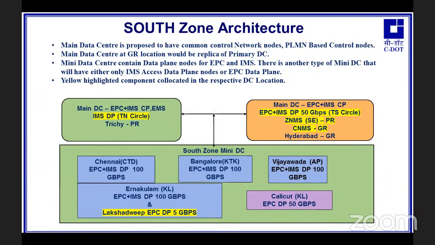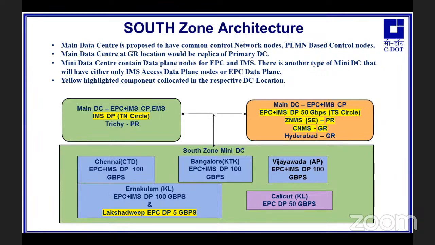The yellow mark, basically these are different colors, sir. The yellow colored thing means IMS-DP will be co-located in the Trichy main DC only.